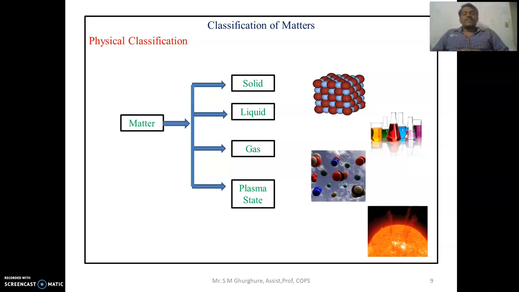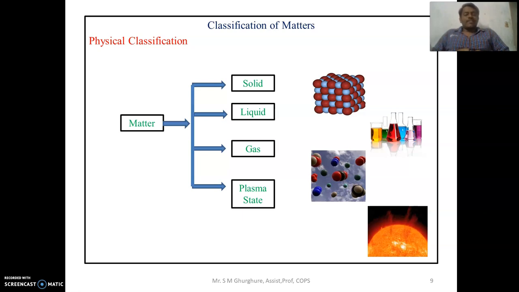In the solid state, the molecules are very close packed to each other. That's why the solid molecules are unable to move from one point to another point. The solid has a definite mass and definite shape.